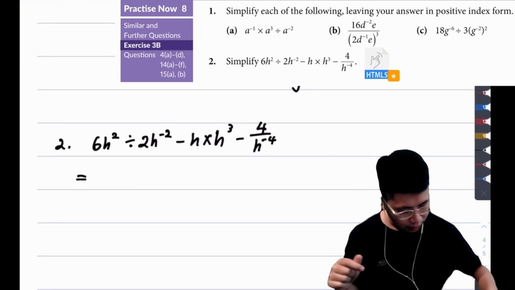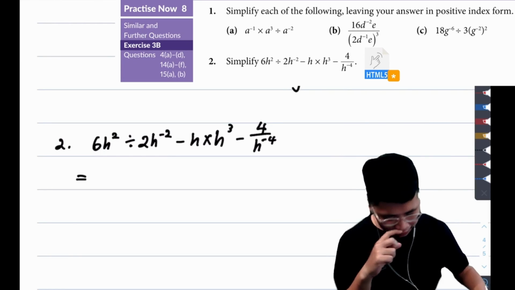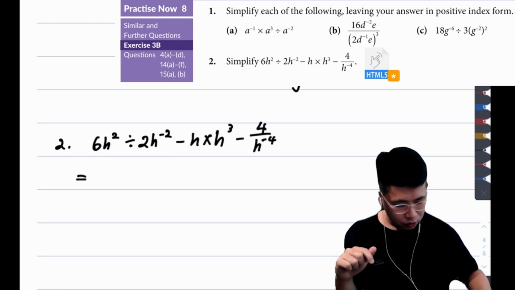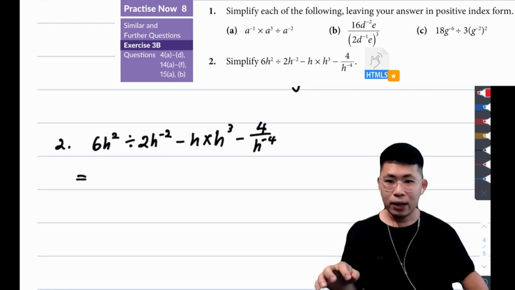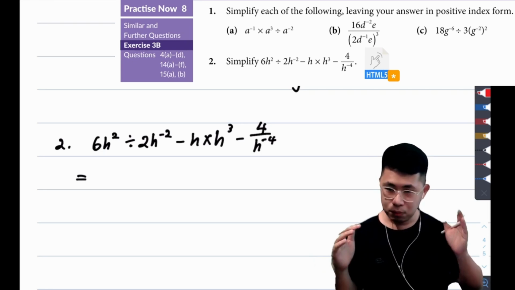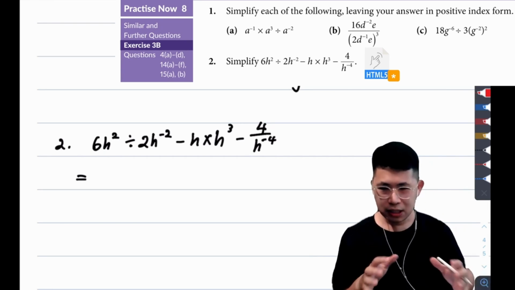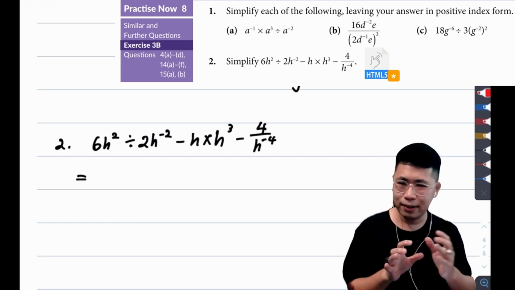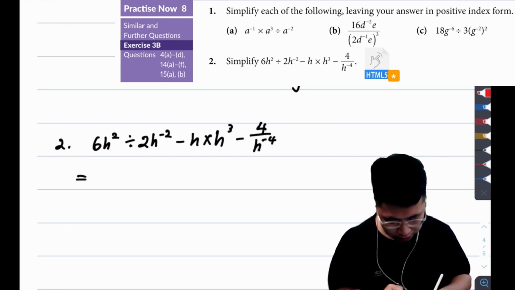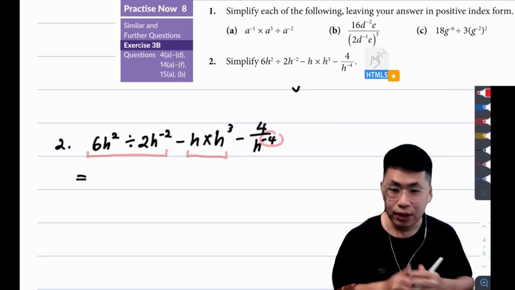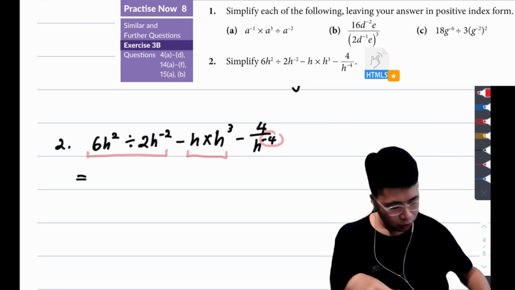We'll need to apply BODMAS to some of these things over here. We don't have brackets, and we need to settle the order later. Orders first, but we have our division and multiplication to focus on, so we can settle this now.